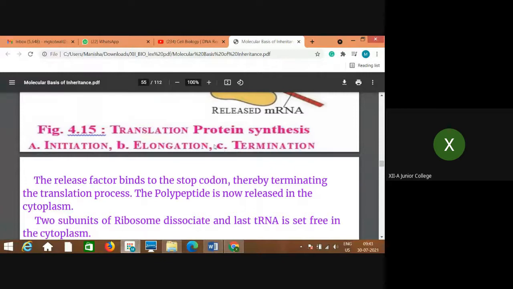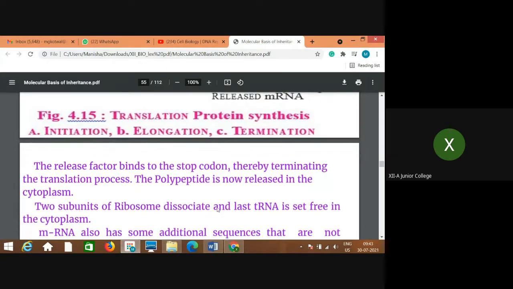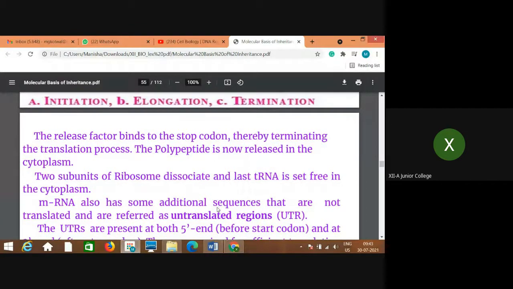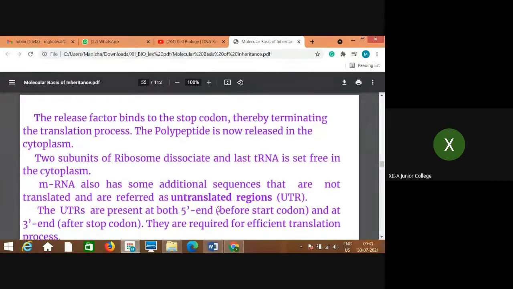Then another amino acid is added with the help of adapter tRNA, and this addition of amino acids with the help of tRNA forms a chain of polypeptide, with many peptide bonds between the amino acids. That is called elongation. And at the end, the stop codon on mRNA does not recognize any anticodon on tRNA, which terminates the reaction of protein synthesis. That is called termination.